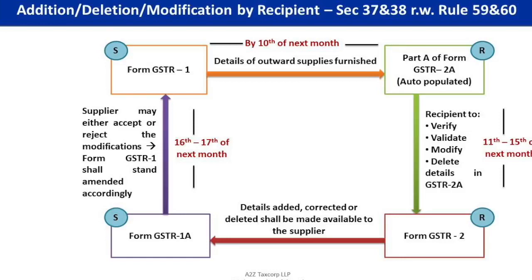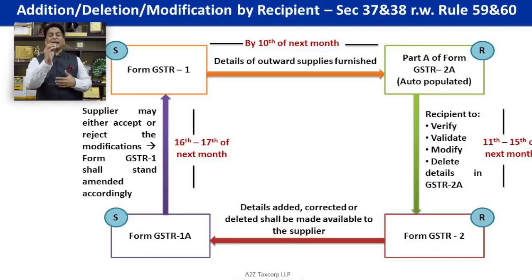Now for GSTR-1, 2 and 3, I want to explain the reference, implication and importance of these three returns. In the GST regime, if I'm a supplier supplying goods, then I have B2B invoices and B2C invoices. I will upload the invoice particulars on the GSTN portal.